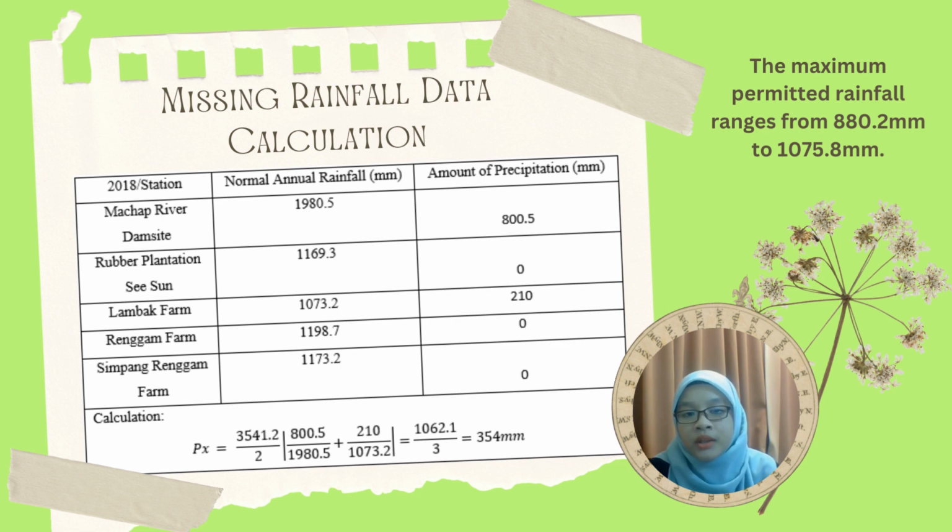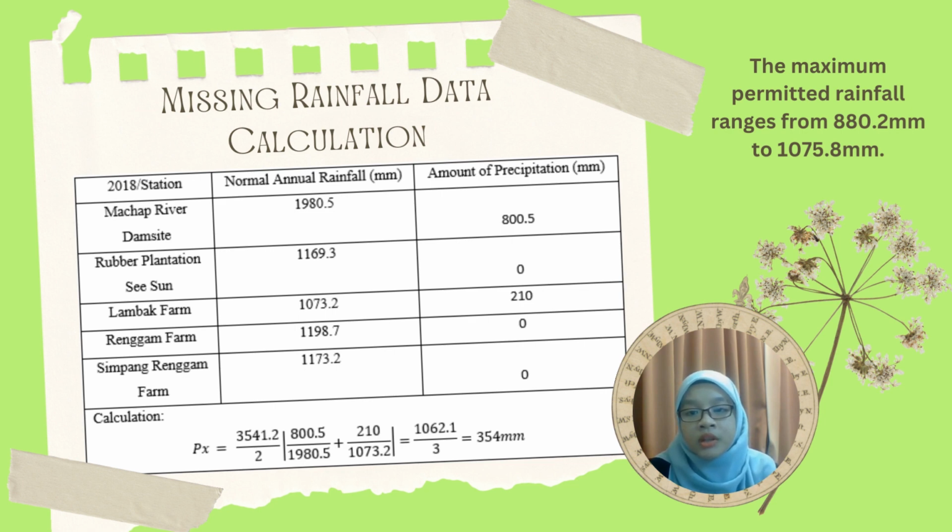In order to find this normal annual rainfall for every station, we need to find the average for 5 years of annual rainfall. The maximum permitted rainfall range is from 880.2 mm to 1075.8 mm. The normal ratio method is used because the average annual rainfall amount of all stations except Lambat Farm station exceeds the maximum rainfall allowed.